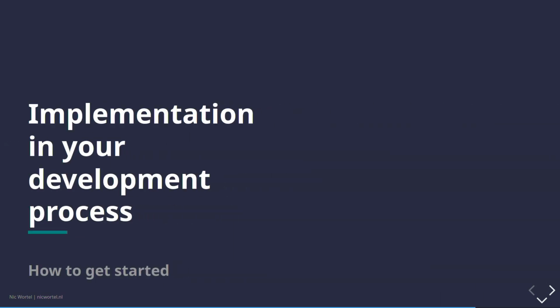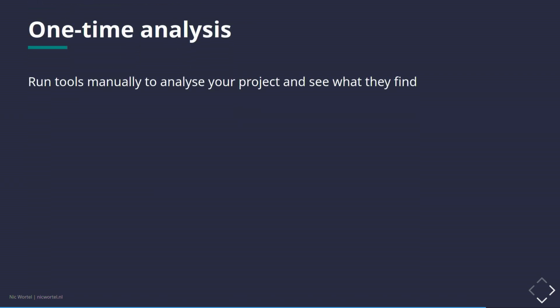So how can we implement these kinds of tools in our development workflow? That's an important thing, because if we don't implement it, then it's useless. First of all, you can do as I do when I do a security audit: just a manual one-time scan.